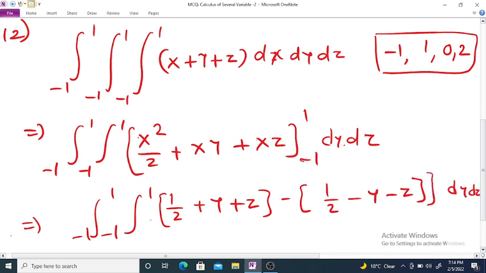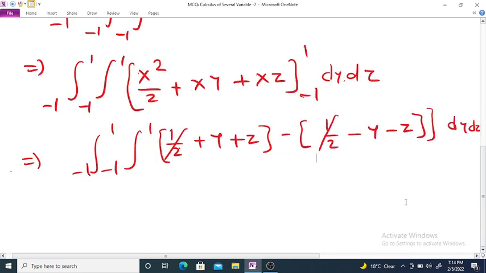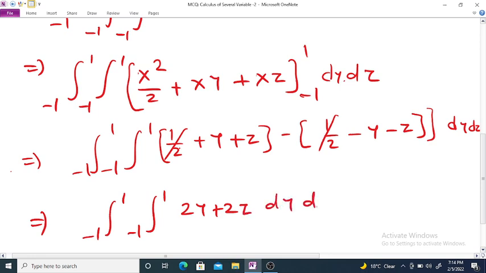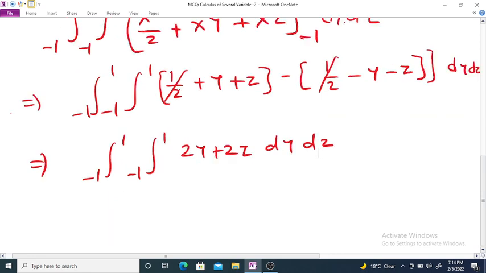So the 1 by 2 minus 1 by 2 will get cancelled, and y plus y and z plus z become twice. So this is equal to the integration from minus 1 to 1 of 2y plus 2z dy dz. Similarly, if you take the 2 outside, it is the integration from minus 1 to 1 of y plus z dy dz.